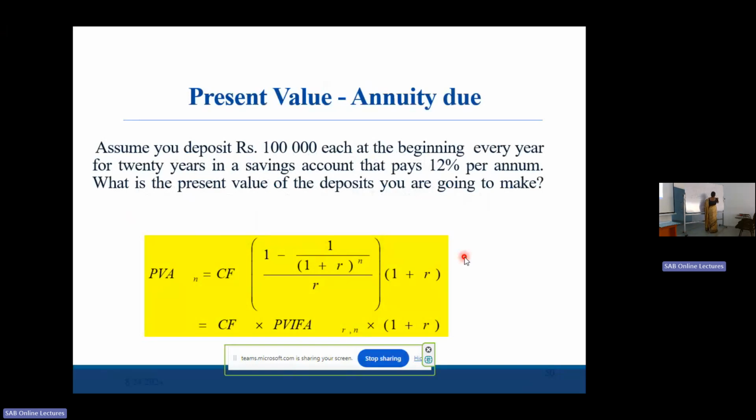This is the beginning of year 3. So you have to discount for 2 years, because this is the beginning of year 3, to the beginning of year 2, to the beginning of year 1.